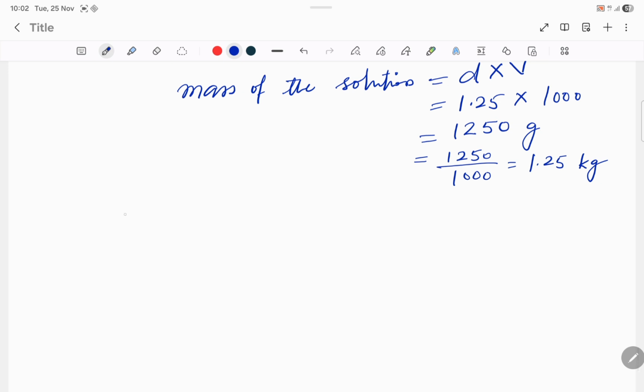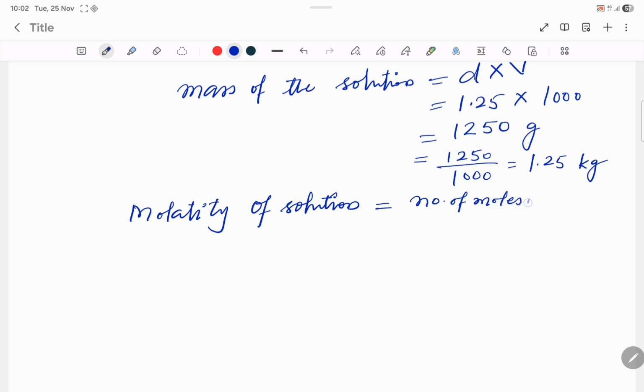Now, for molality of the solution, right, molality is going to be number of moles of solute divided by mass of solvent in kilograms.